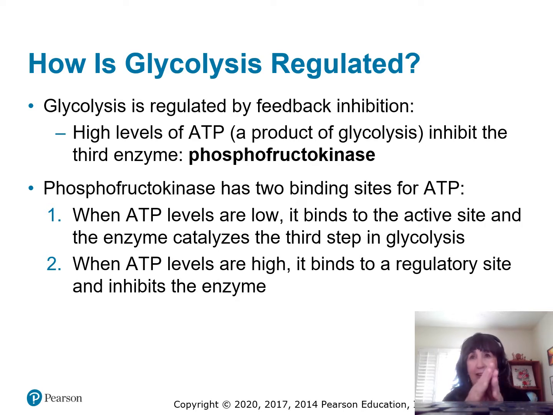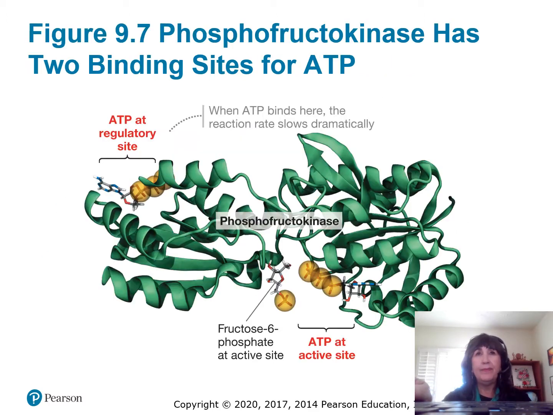It's saying stop, just stop. We don't need any more ATP. Okay, so here you see how ATP regulates phosphofructokinase, one of the first enzymes at the beginning of glycolysis, which is a 10-step process. So notice it's at a secondary site.